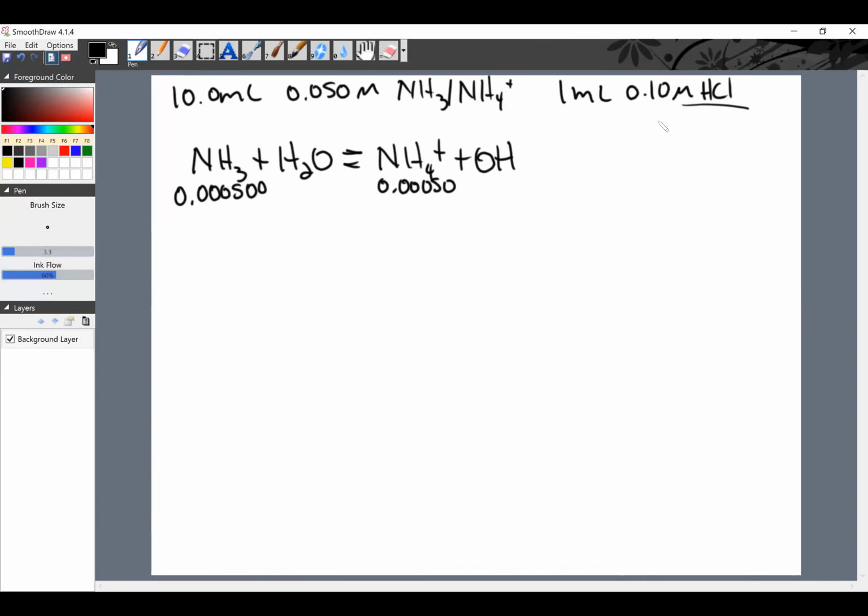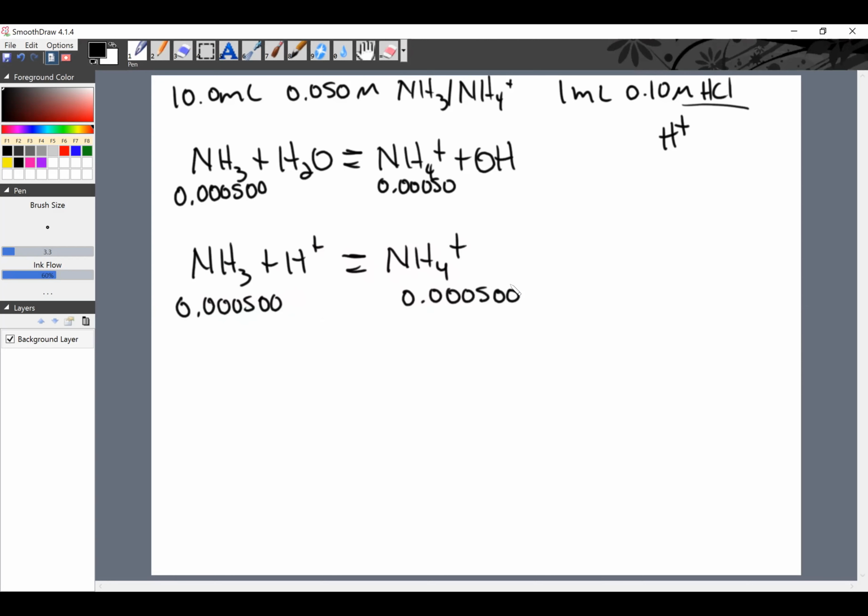So I have my protons, and they're going to react with my ammonia to make some ammonium ions. How much ammonia did you start with? How much ammonium? And how much acid did I add? So 1 milliliter is 0.001 liters.